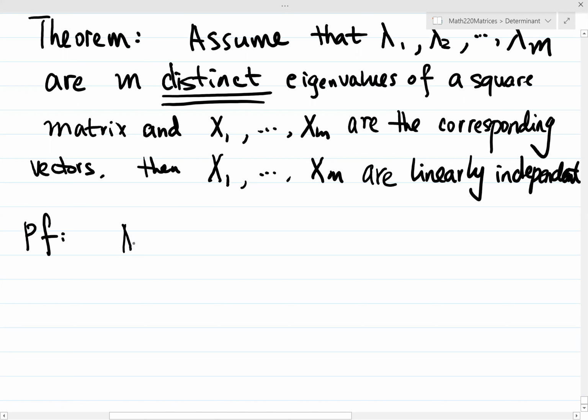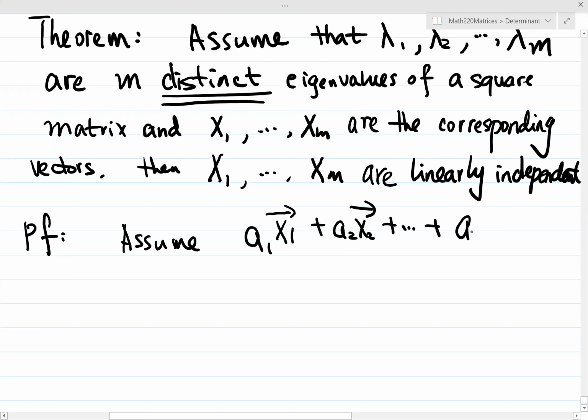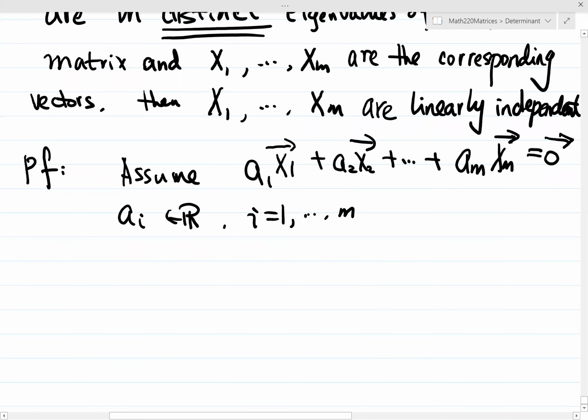So assume we have some linear relation a1 x1 plus a2 x2 plus etc. plus am xm equal to the zero vector, where i goes from 1 all the way to m.